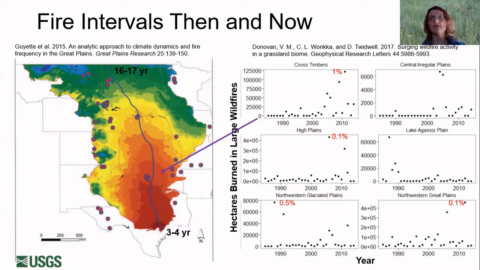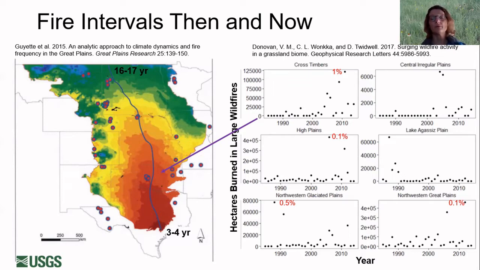Now, I calculated these values that are in red here simply by dividing the highest burned hectare value by the subregion's area. And you have to keep in mind that land conversion to row crops, which are basically unburnable vegetation, means that this is a really rough way to approximate fire return intervals currently.